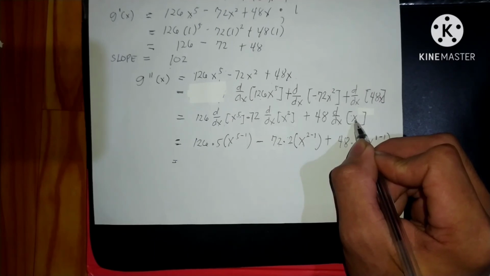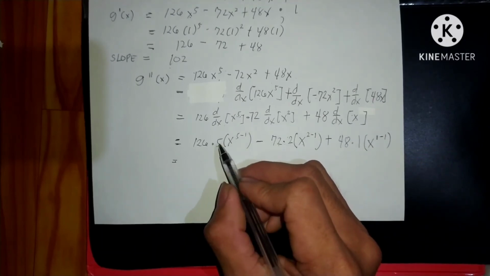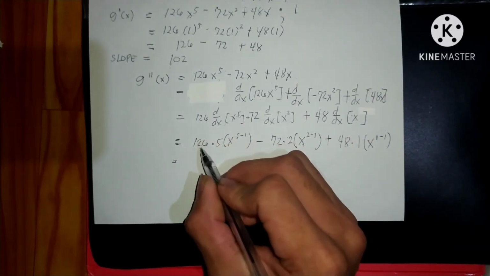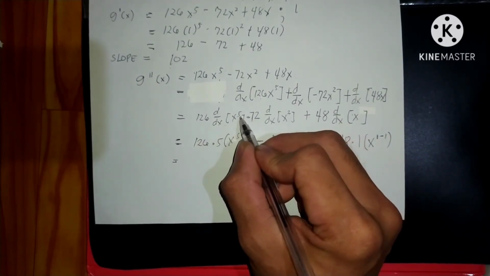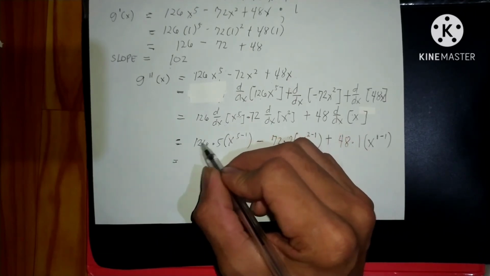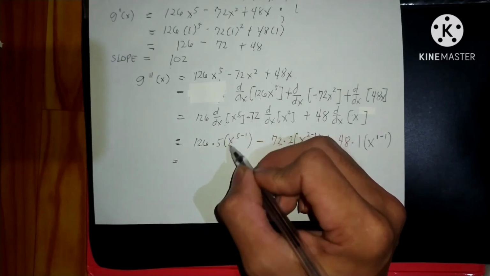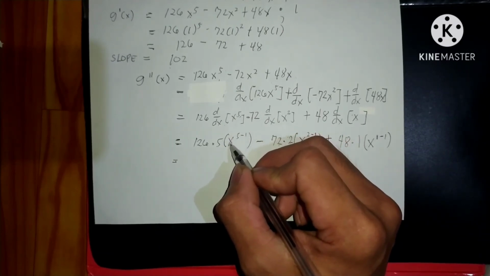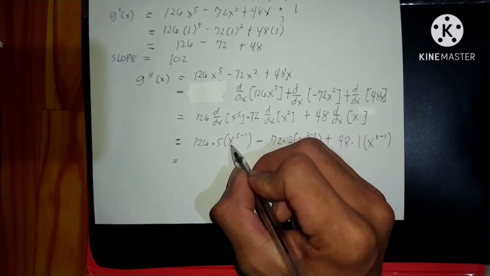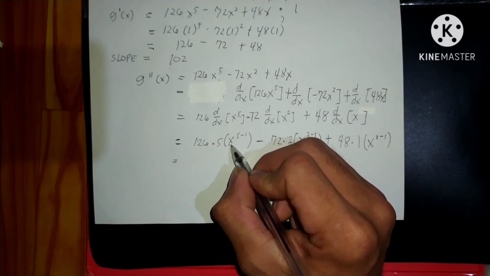Ang next step naman, i-differentiate natin siya using power rule. So, 126, ang power niya dito is 5. So, 126 times 5 times x. Copy natin yung variable na x. Then, ang nakastate kasi dun kanina, n minus 1.